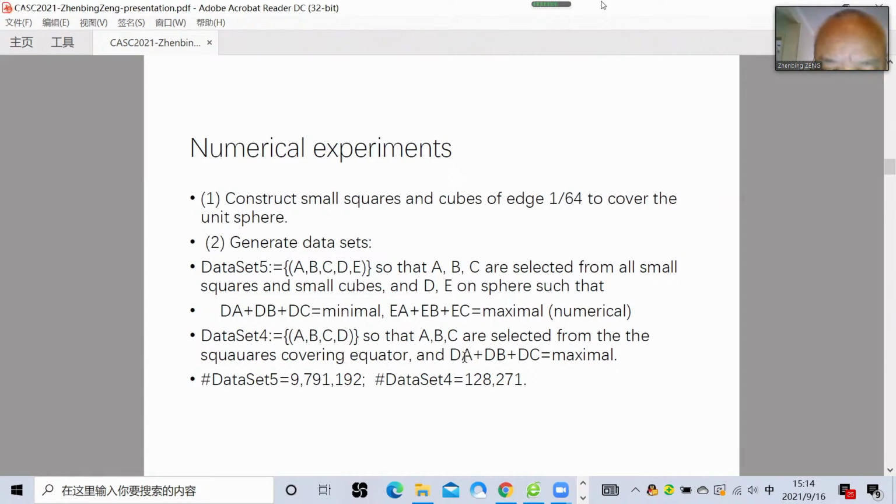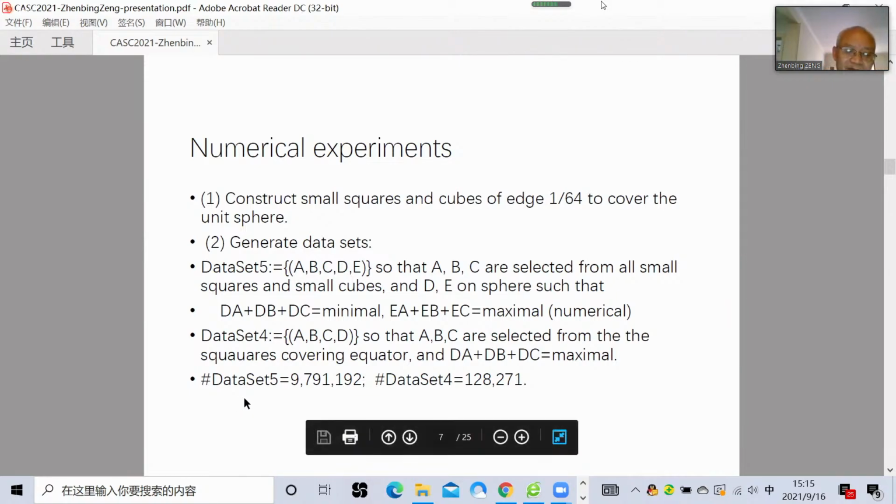After fixing A, B, C, we check which D, also some kind of square or cube, makes dA plus dB plus dC maximum. Here we see that A, B, C are selected from the initial cubes covering the equator. So this is a special case.